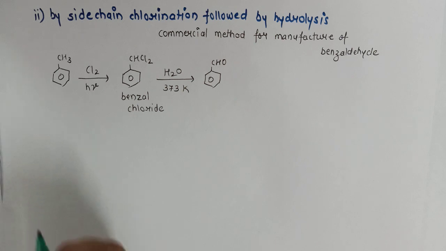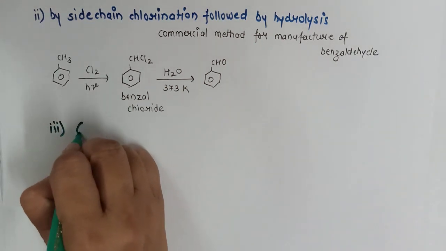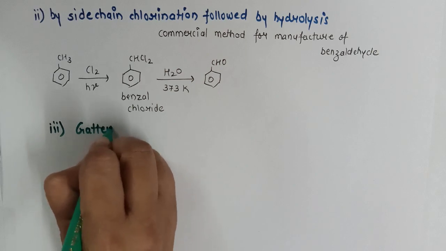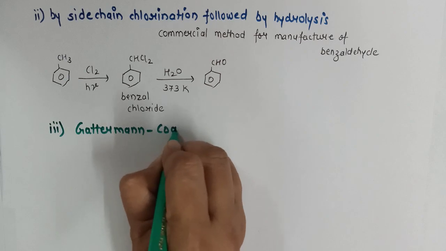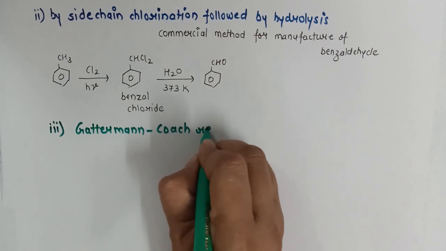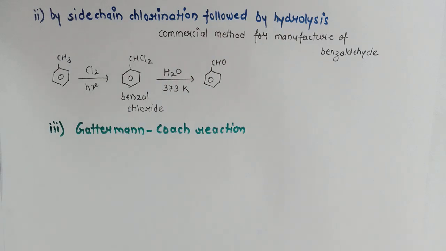The next method, or I will say the next name reaction, is the Gattermann-Koch reaction. So till now we have seen at least three to five name reactions: Rosenmund, Étard, and now Gattermann-Koch.